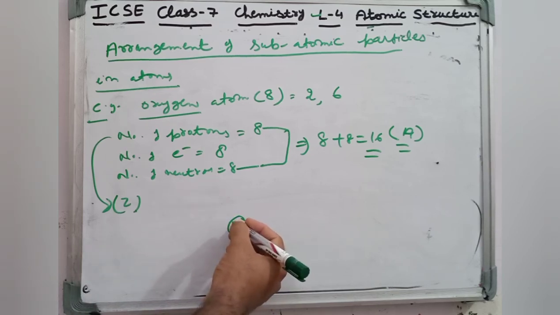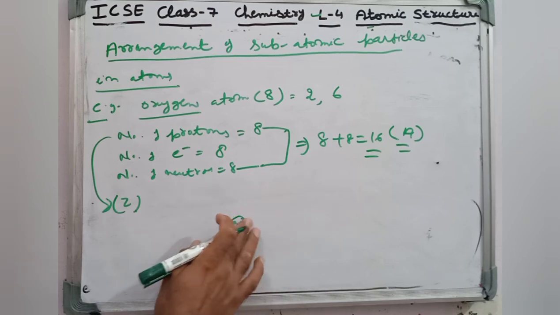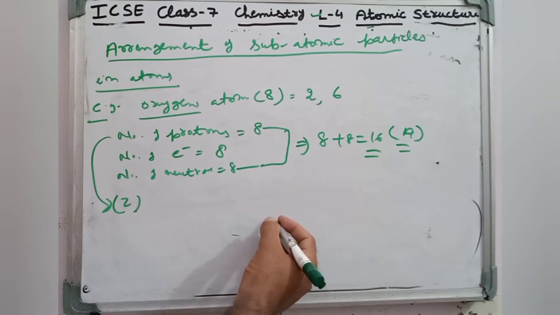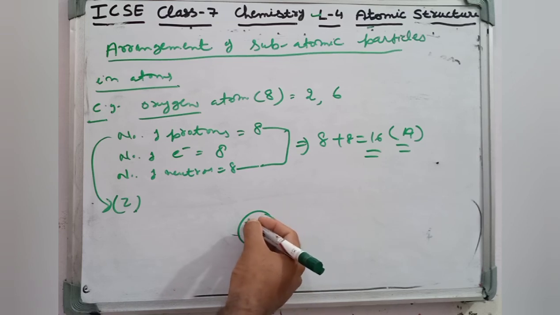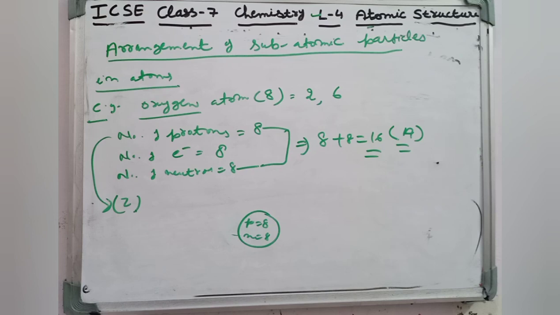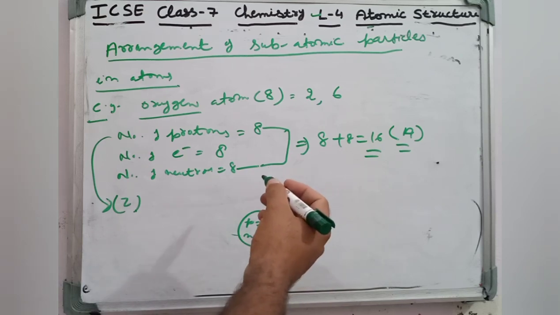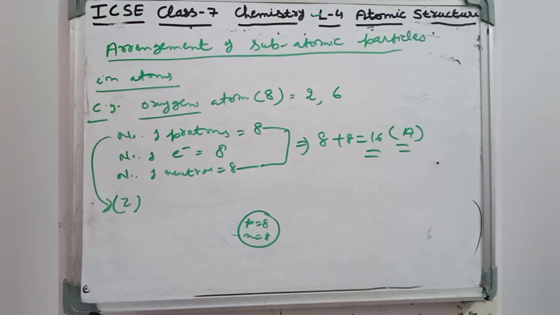It contains 8 protons, 8 neutrons. We will make this bigger. This is protons equal to 8, neutrons equal to 8. Right? Now, how will we show these protons and neutrons?